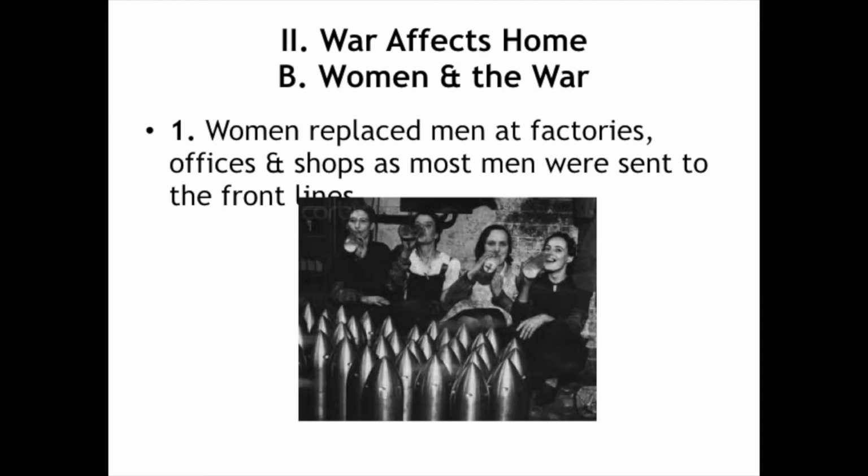Now, with many of the able-bodied men out at the front, women would have to replace them in the factories, offices, and shops. And this would be a time where women were sort of bridging a gap. We were coming out of the Victorian age, where women were really thought of still as property, and they were being put into the public arena.